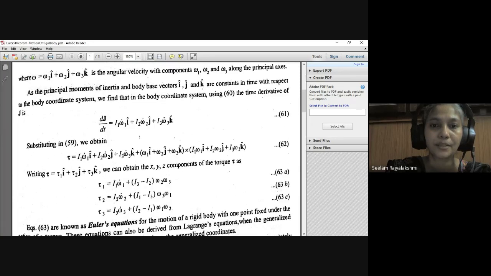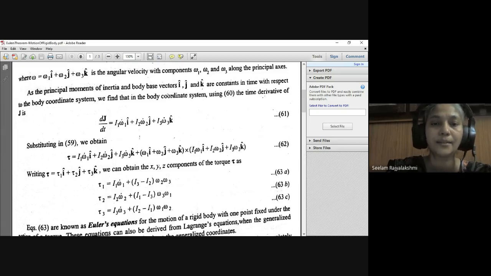By crossing these two and by adding, we will obtain tau 1 equals I1 omega 1 dot plus I3 minus I2 into omega 2 omega 3. Tau 2 equals I2 omega 2 dot plus I1 minus I3 omega 3 omega 1. Tau 3 equals I3 omega 3 dot plus I2 minus I1 into omega 1 omega 2.